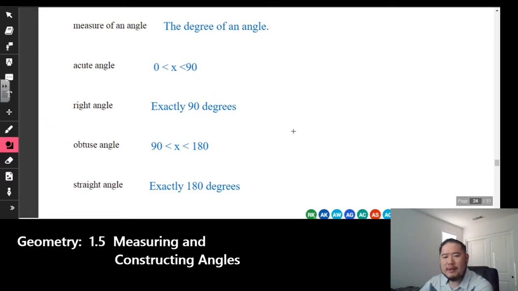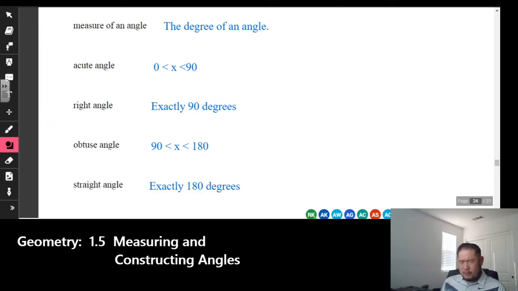Okay, if it happens to be 90, then it is considered a right angle. So that's why the next one, for an angle to be obtuse, it has to be less than 180, and the angle has to be greater than 90 for it to be considered obtuse. And then finally, we have a straight angle, which happens to be a straight line.